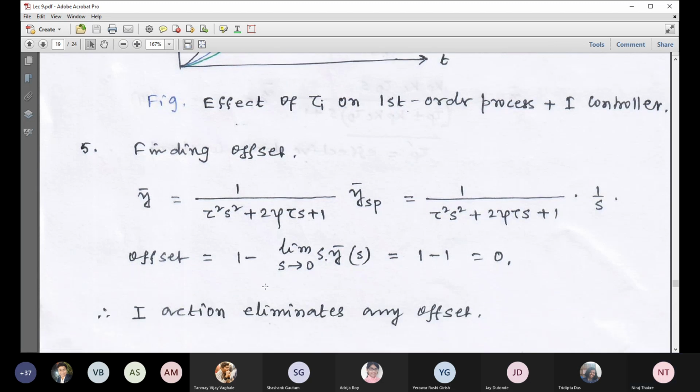It perfectly eliminates offset. So you remember, if somewhere you are showing with your simulation that there is a little offset, you cannot justify it. You have to show zero offset. If not, your tuning parameter values Kc and tau I are not correct.